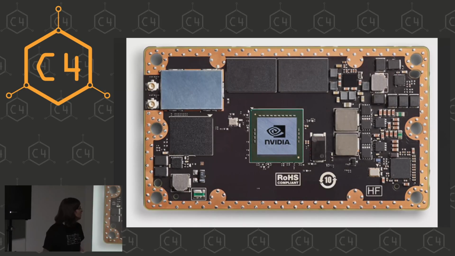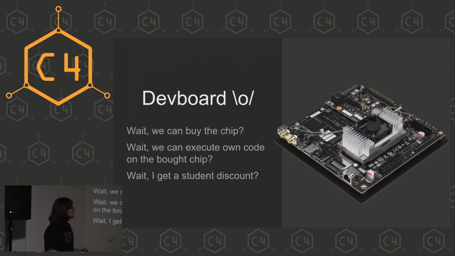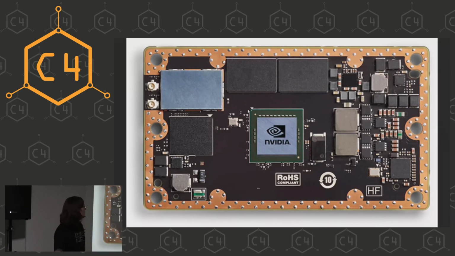This board, as you can see, is a main carrier board, and on top there is a module which contains all the important components. This thing here contains the main SoC.